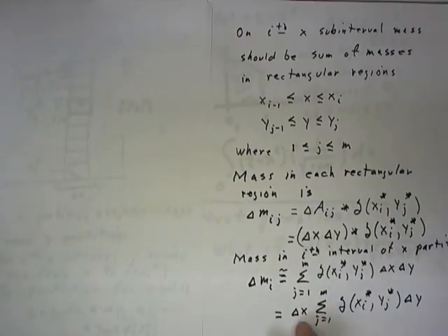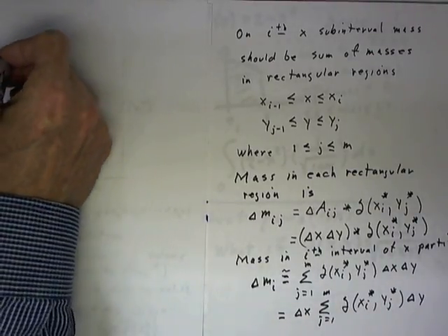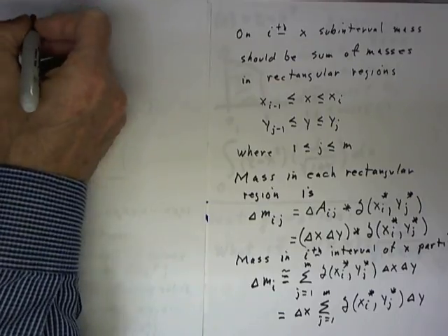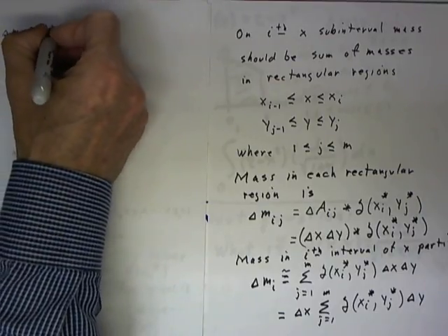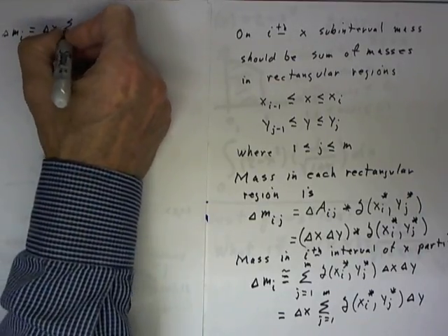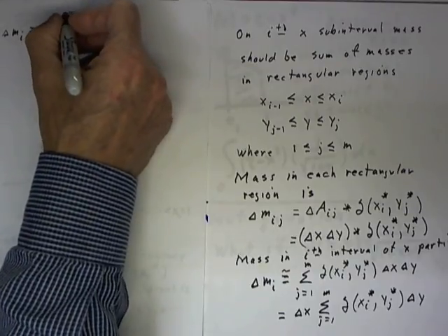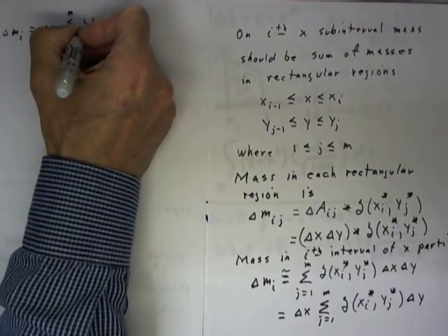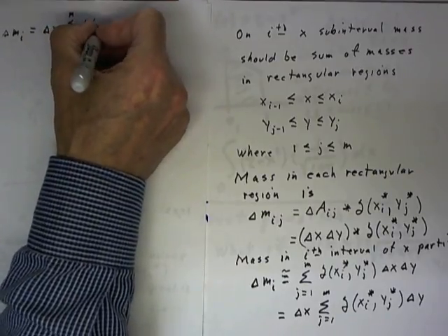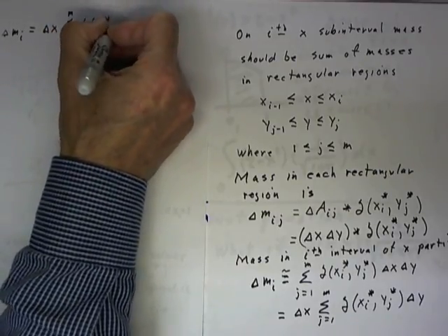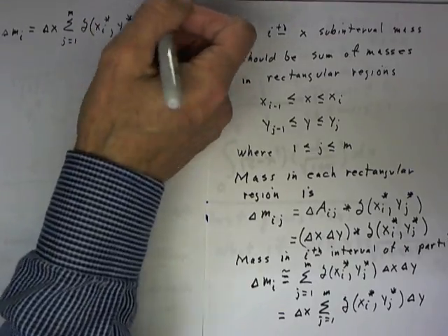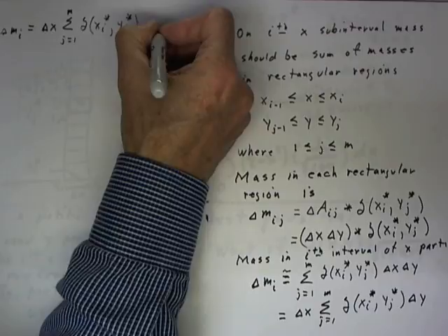Now, let's write out this expression. Again, delta m sub i is delta x times the sum from j equals 1 to m of our density, evaluated at x sub i star, y sub j star, times delta y.